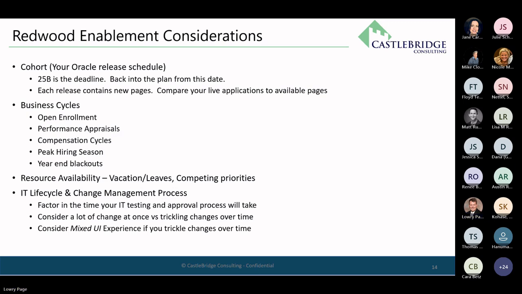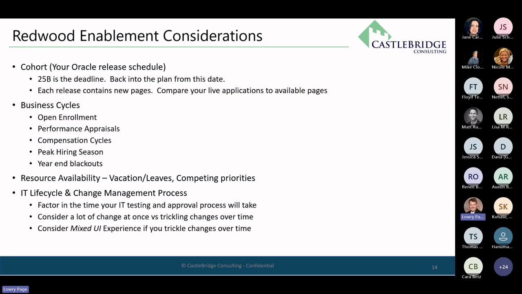So, considerations, I think I mentioned these a moment ago. Which cohort are you on? We know the deadline, so let's back in from the deadline and plan how to deploy it. Let's look at all of your business cycles.